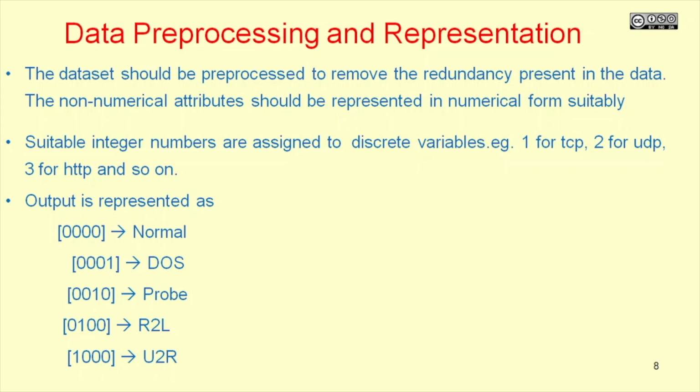It may be a whole number or a discrete number, but you should remember that the output is represented as binary values. How many output categories are there? There are 5 output categories. What are those? Normal, denial of service, probe, route to local, user to route.